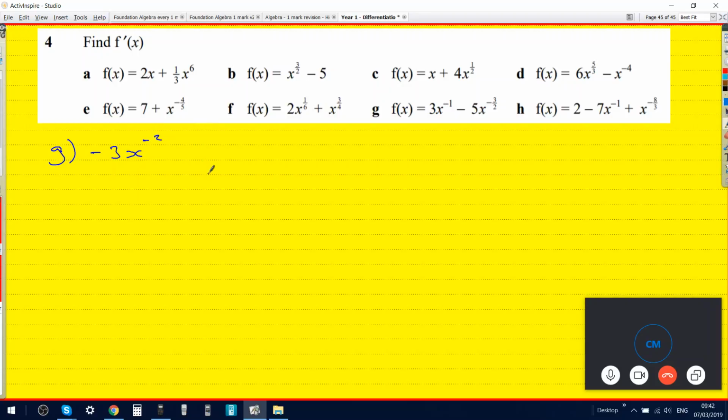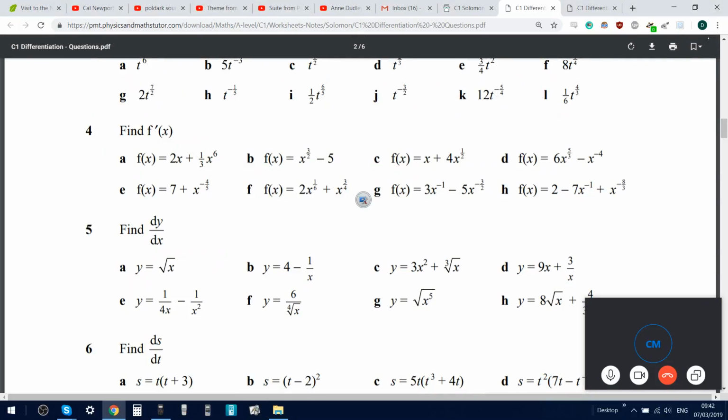I was thinking add 1 for some reason. And then minus 3/2. And then 15/2 x. Minus 3/2 minus 1. And then minus 5/2. That's it. So that's just a different notation. f of x becomes f dash of x for dy dx. Yeah.